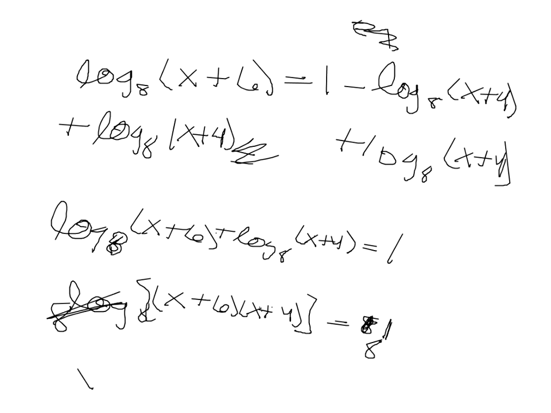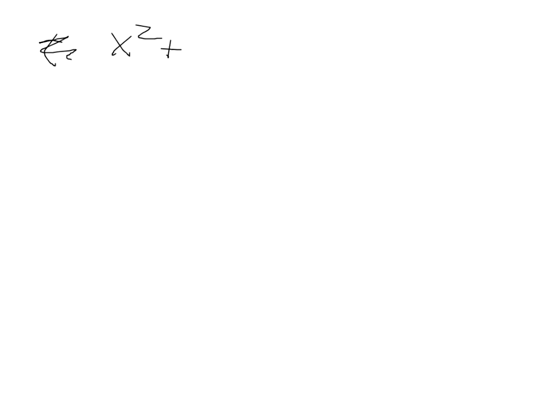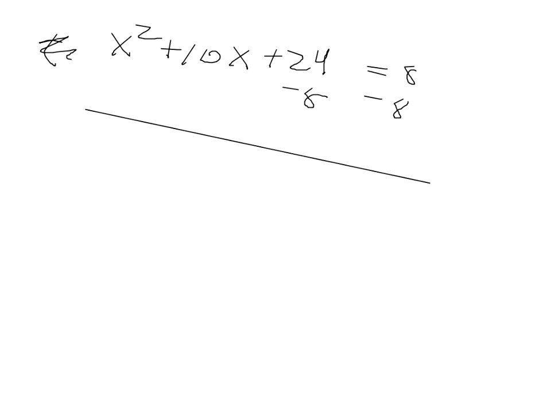And now raise both sides to the 8th power. So that cancels, and I get (x plus 6) times (x plus 4) equals 8. So I need to expand here. So I get x squared plus 10x plus 24 equals 8. Subtract 8 from both sides.